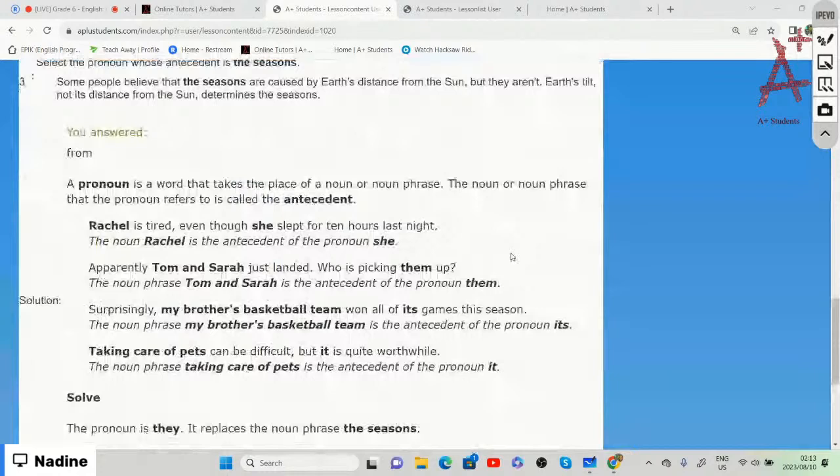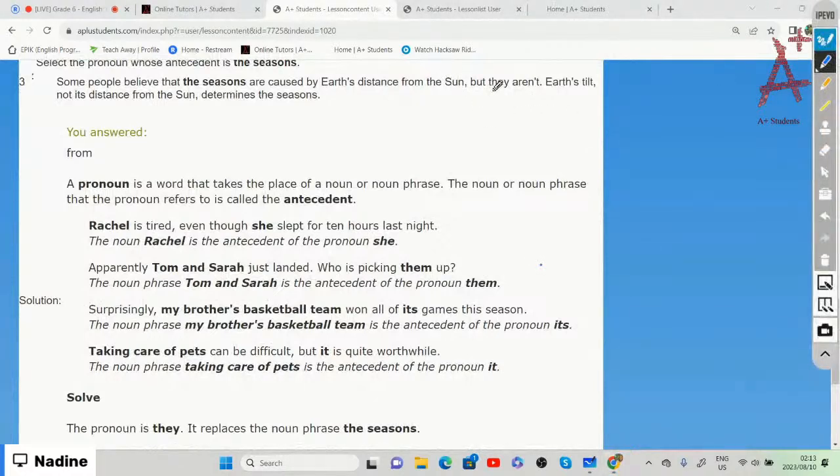Now, we must select the pronoun whose antecedent is the seasons, and then we can say they. So they is the pronoun whose antecedent is the seasons, and it replaces the noun phrase the seasons.